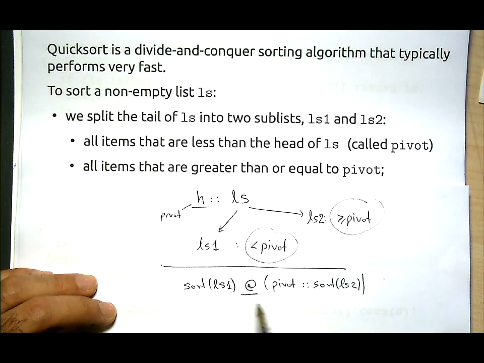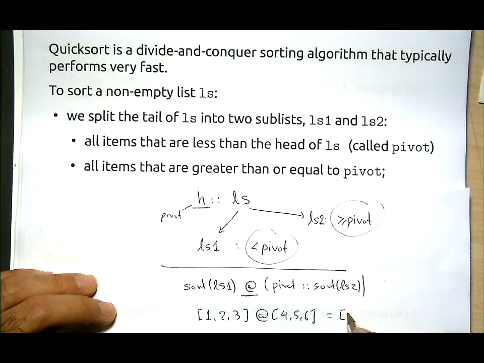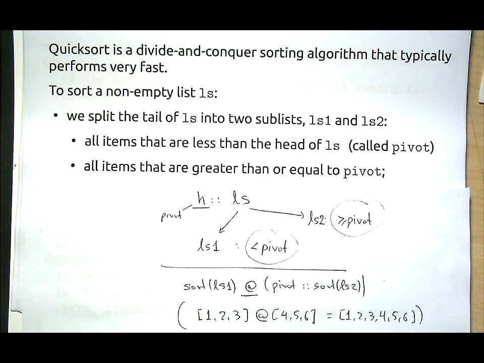And what is this append operation? Well, if I have the list 1, 2, 3, and do append 4, 5, 6, then maybe you have guessed it just means merge the two things. So this is what append does.